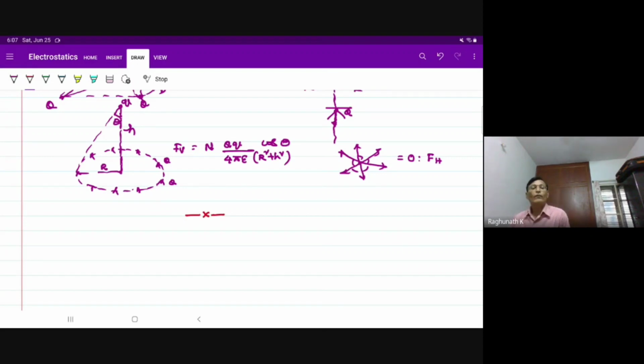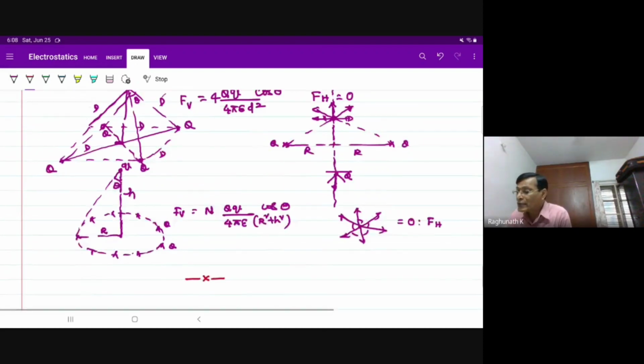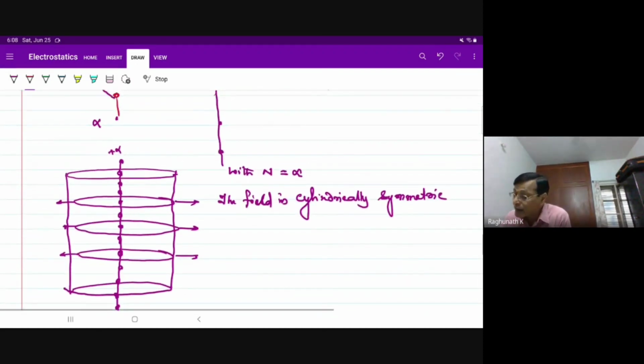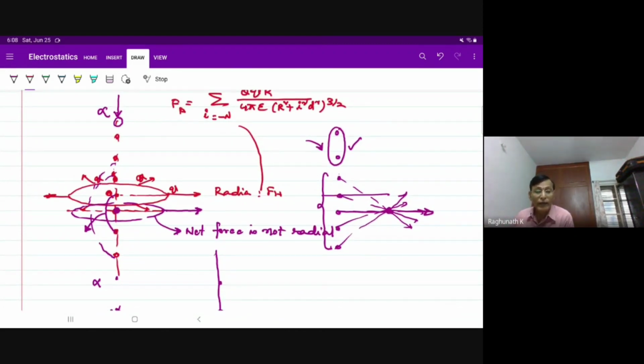Till now, we spoke about that version of Coulomb's law which only gives you the magnitude of the force. As a formula, we use capital Q small q divided by 4 pi epsilon d squared to calculate the magnitude. By seeing the figure, I will calculate the distance, I will calculate the angle, I will calculate the components and then add them.